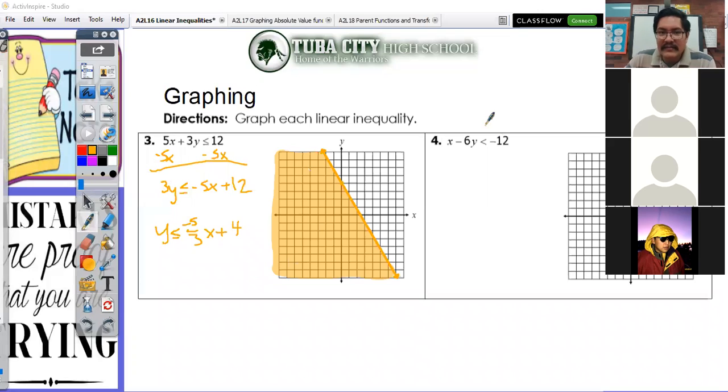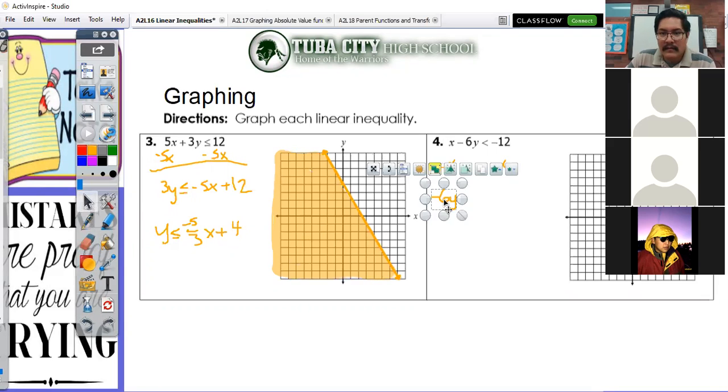let's go ahead and do this one here. So I need to, again, put this into slope-intercept form. So minus x from both sides. And that gives me negative 6y less than negative x plus 12.